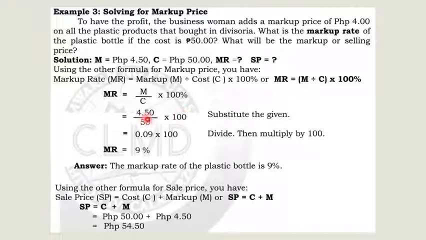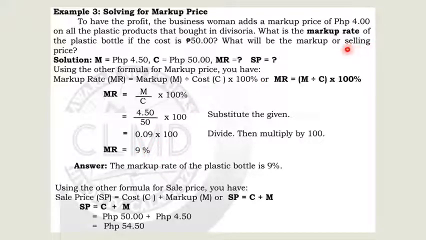Then, times 100. So, 4 pesos and 50 centavos divided by 50 is 0.09 or 9 hundredths. Times 100. So, i-move lang natin siya pabalik. So, ilang percent siya? So, 9%. Ibig sabihin, 9% yung markup rate natin.